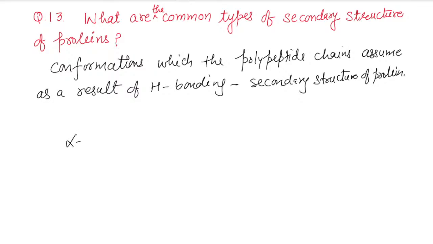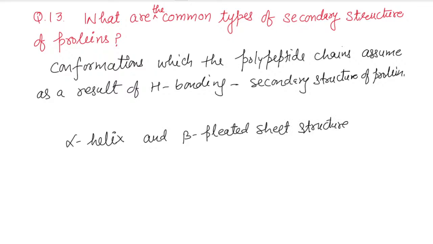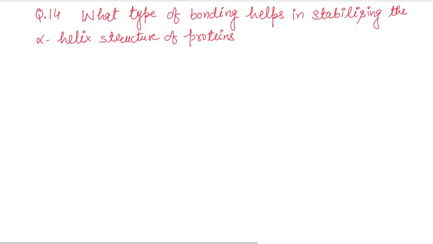Alpha helix. The common types of secondary structures are alpha helix and beta pleated sheet structure.